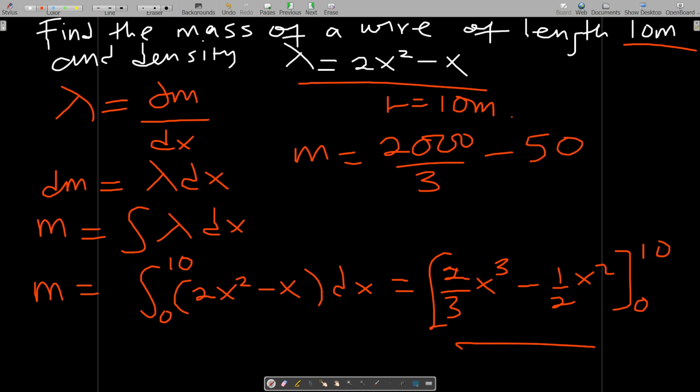So 2000 divided by 3 minus 50, and my answer in fraction is 1850 over 3, and in decimal is 616.67 kilograms in 2 decimal places.